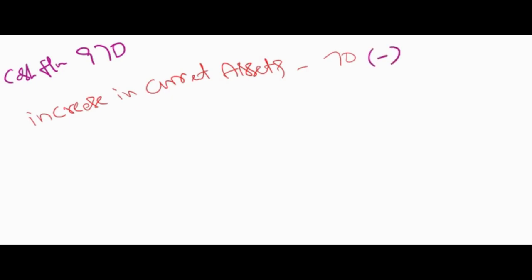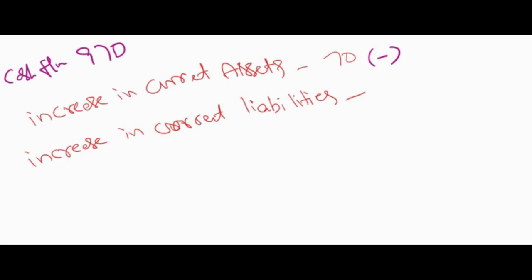And then let's say, for example, you have an increase in current liabilities. So what you did in the income statement for an increase in current liabilities, you have reduced, right? So you need to add here.